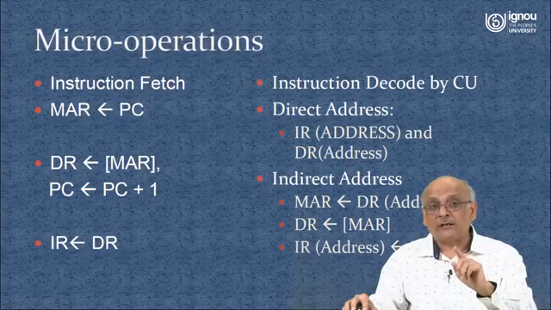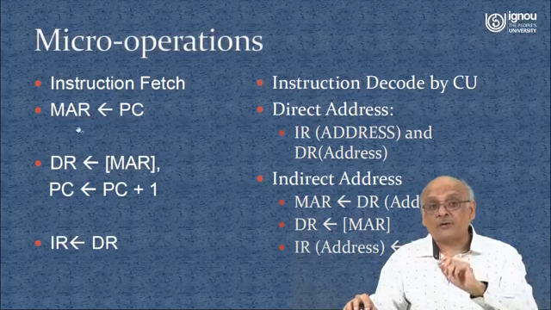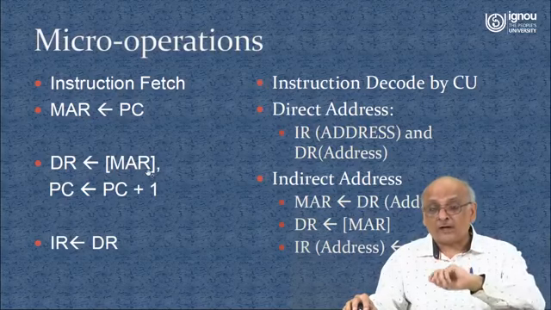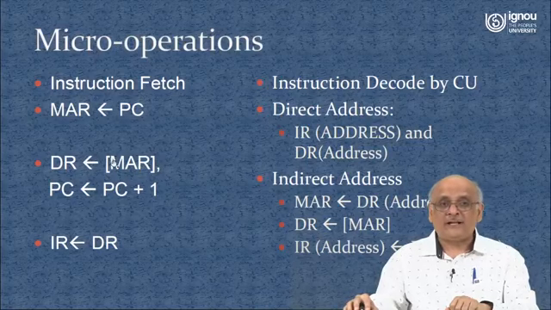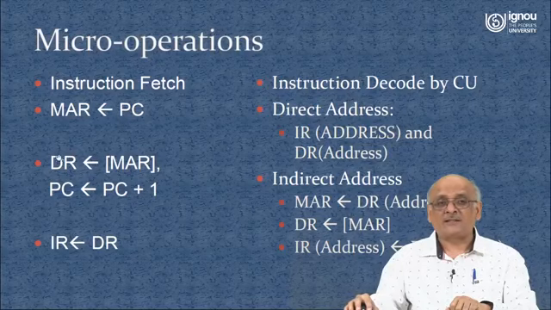The control unit, by issuing appropriate control signals. Whatever is pointed to by MAR will be put onto the data bus, and the data bus content will be captured by the DR register.